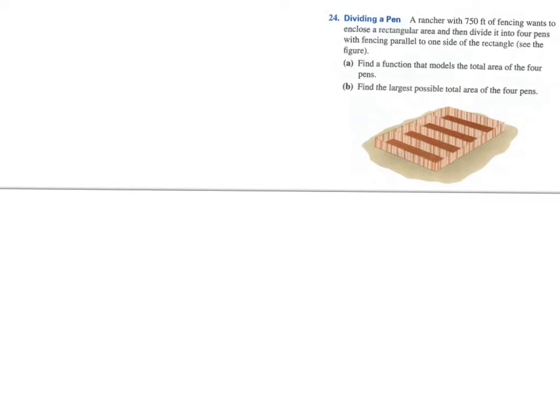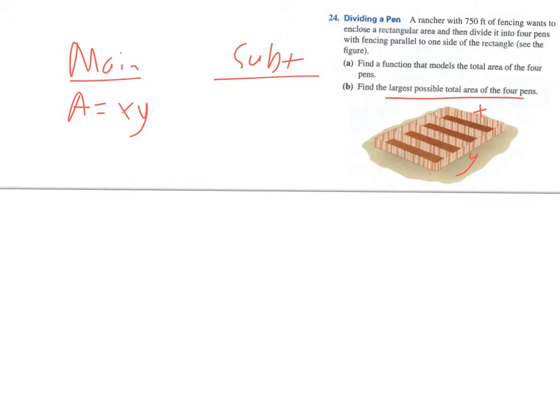All right, so number 24, kind of like number 23 here, we have 750 feet of fencing, and we're trying to maximize the area. So I know my main equation is going to be an area formula, so area equals, and what I'm going to do here is label this side X and that side Y, so area would just be X times Y. Now my perimeter here is going to be my substitution equation, or actually it's more like a fence.